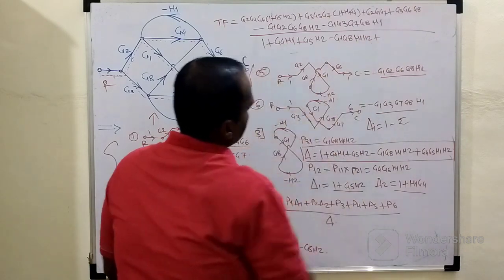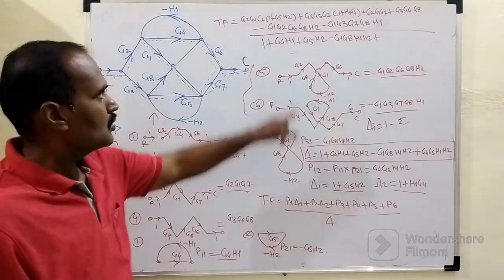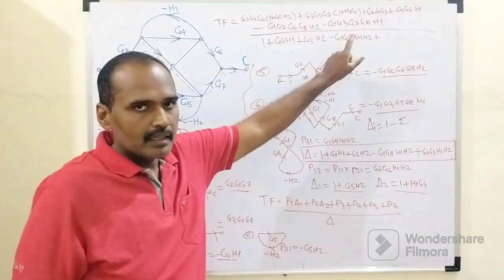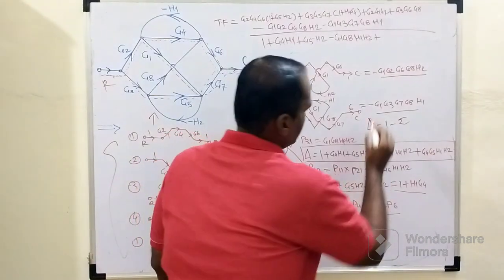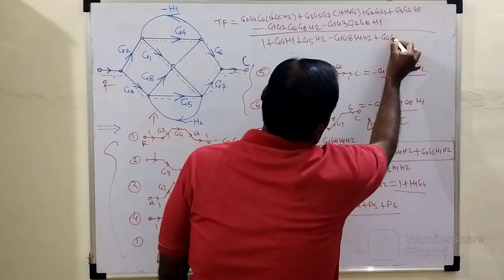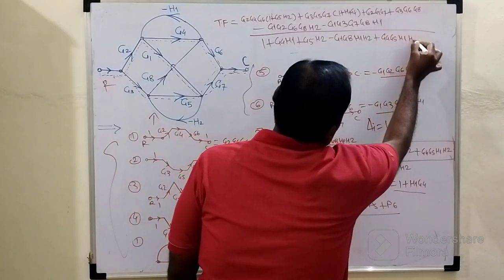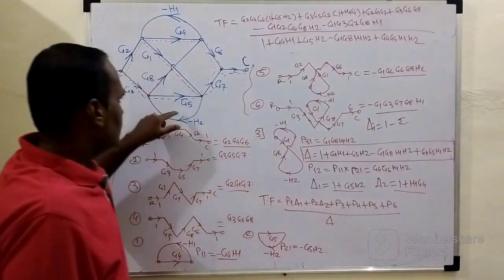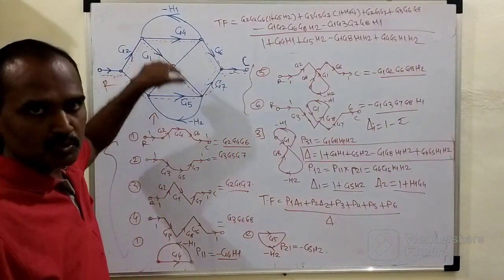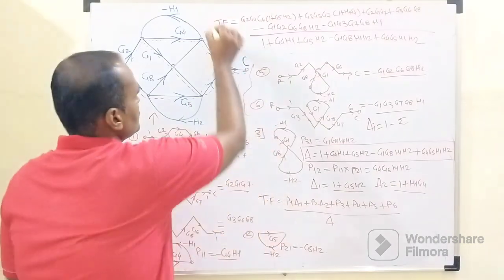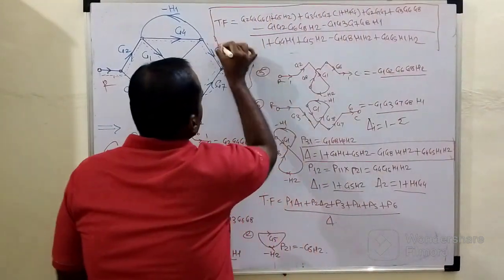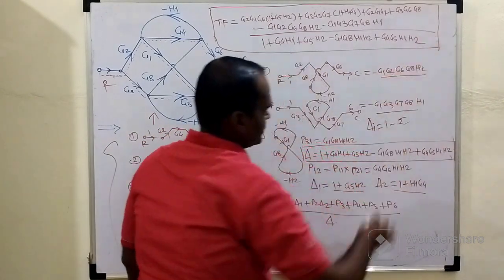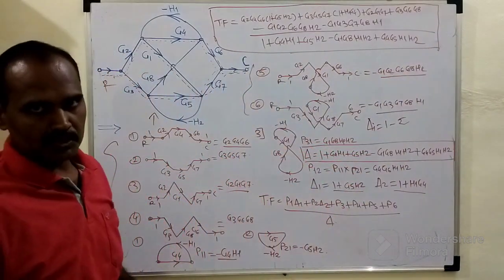These three are the individual loop gains, first, second and third. The last term is G4 G5 H1 H2, the gain product of these two loops, called the first two non-touching loops. So this entire term is the transfer function of the signal flow graph representation.